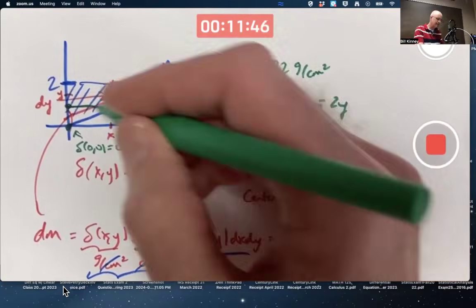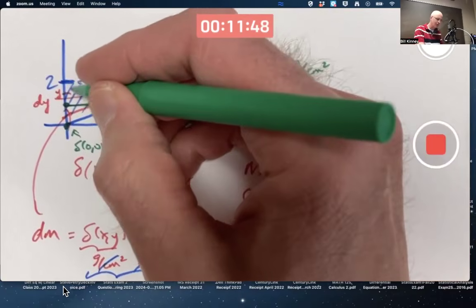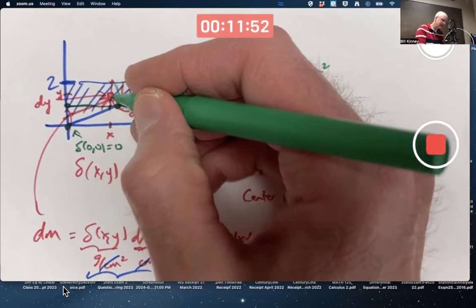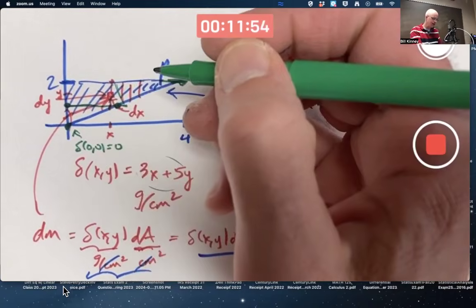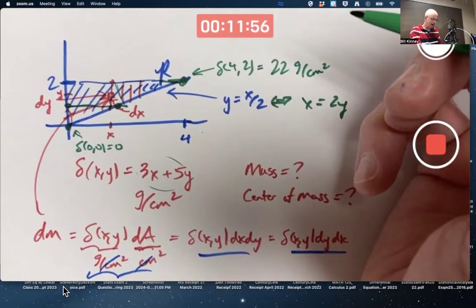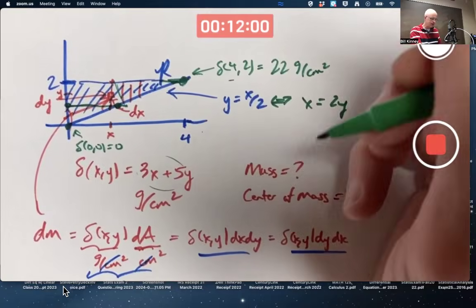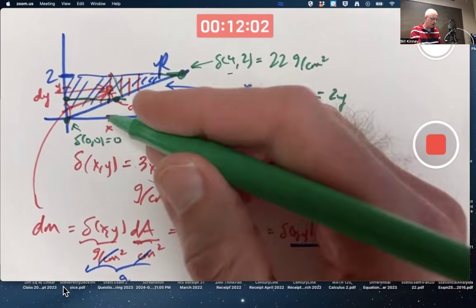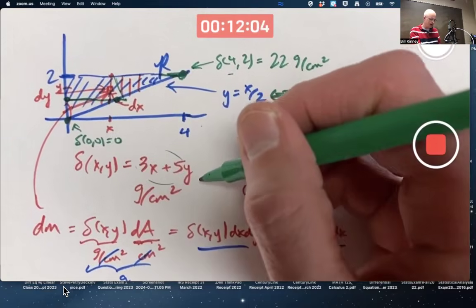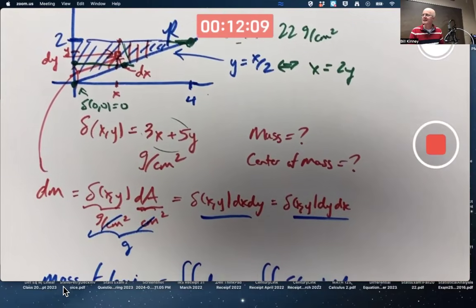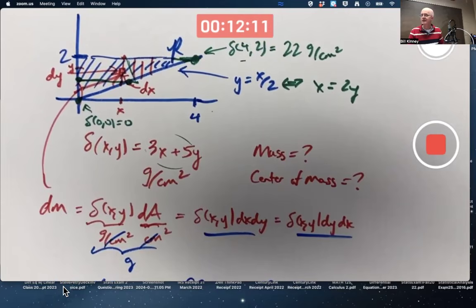Not necessarily. But the fact that it's more over here than over there, it's going to perhaps tend to make the center of mass more over this way. As far as the average mass goes, maybe closer to the value of this function right in this region here, where x is small, close to, I don't know, 1, and y is close to 2. I don't know. That's still close to 11. Somewhere in the ballpark of 11 is the average density of this thing.